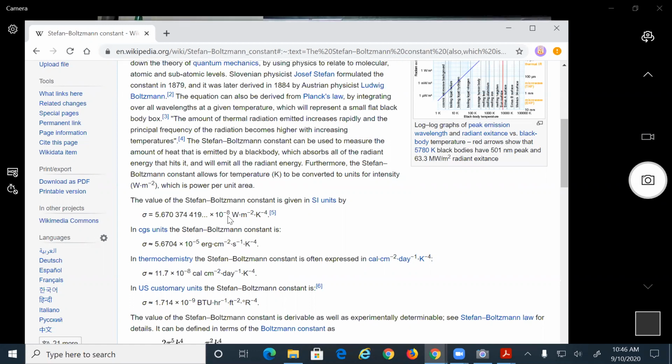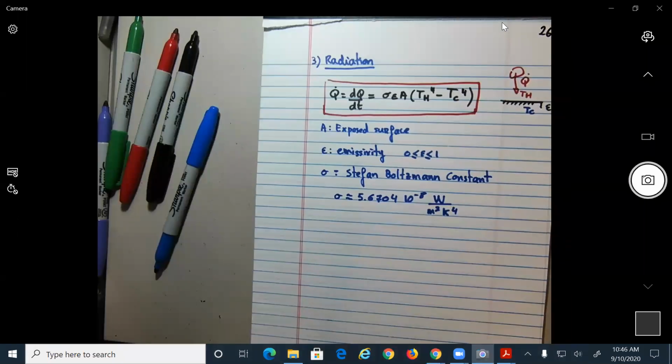Okay, or if you want, in US units is 1.714 times 10 to the minus 9 BTUs per hour foot square Rankine to the fourth. All right. But again, that's not important. You should have all these values on your page with the different units. So this is what we have.